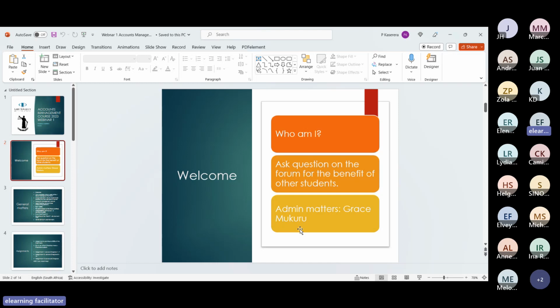For any admin and technical issues, if you cannot log in on the platform, or you are failing to submit your assignment, or you are sick, or you have other personal matters and are not able to submit your assignment on time, you can contact Grace Mukuru at eLeader at LSSA. I think you do have that email address which you were communicating with when you were registering.